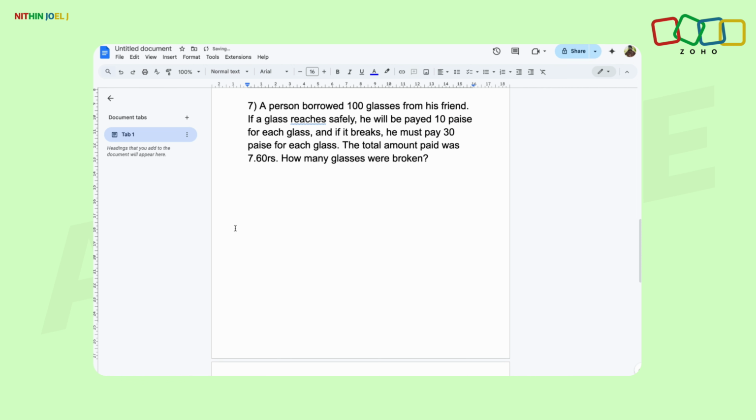Let me create two variables, which are B and U. So B is nothing but broken glasses, and U is unbroken glasses.